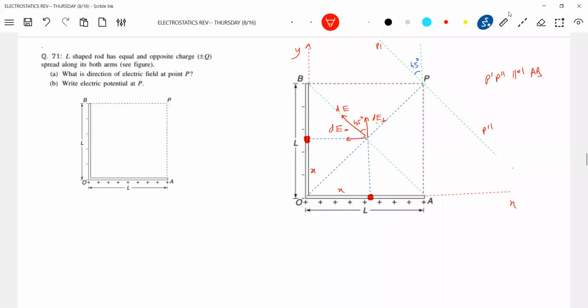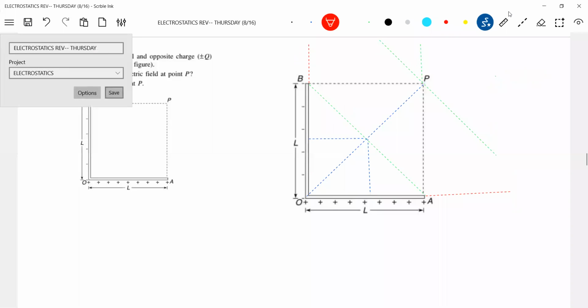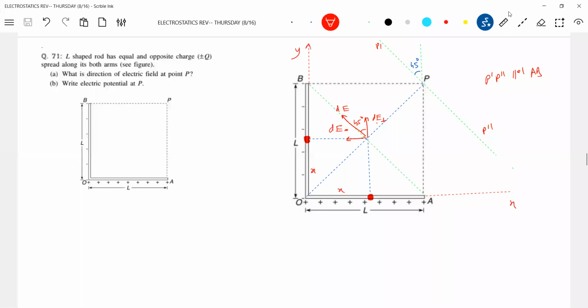Next it is asking what is the electric potential at point P. Should be 0, no?